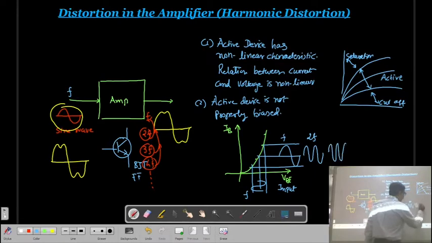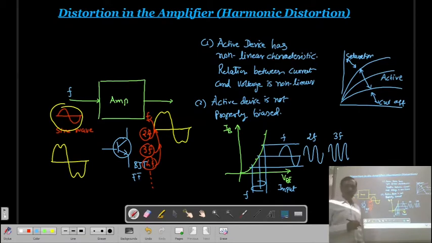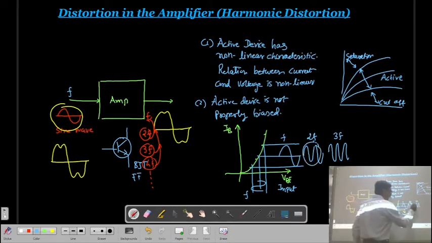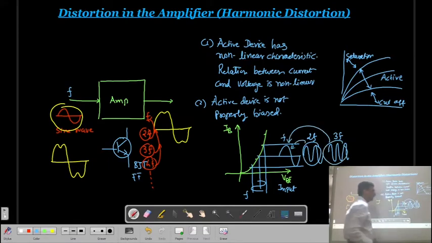The 3F frequency is also going to be produced because of the non-linearity. And mathematically we will also prove that the output current contains F, 2F, 3F, this kind of harmonics. So whenever this 2F and 3F are superposed on your fundamental frequency, you get an output signal like this.